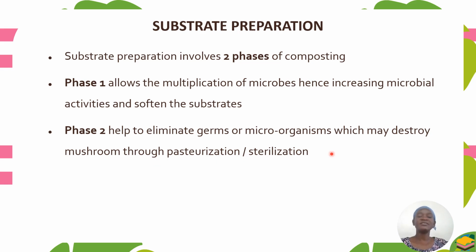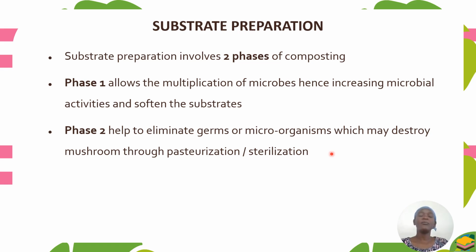Remember, in phase 1 we need microbial activities just to make sure the substrates are partially decomposed. But in phase 2, we are trying to eliminate the microorganisms. In phase 1, microorganisms are needed for partial decomposition, but in phase 2, we no longer need them.